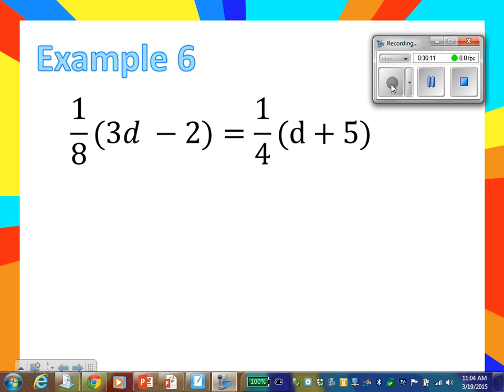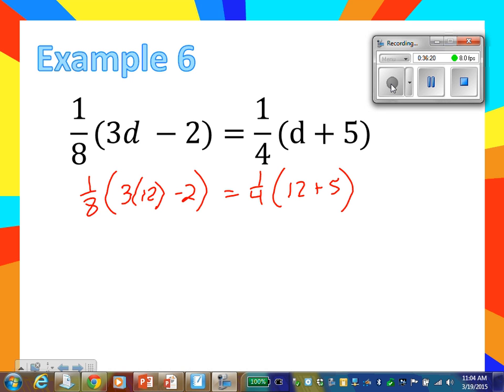Here's your check. 1/8 times 3 times 12 minus 2 equals 1/4 times 12 plus 5. Well, watch this. Work your parentheses first. 3 times 12 is 36. And 36 minus 2 is 34. What's 1/8 times 34?